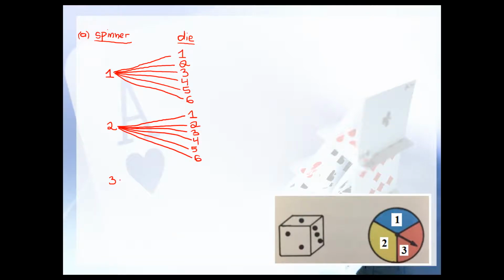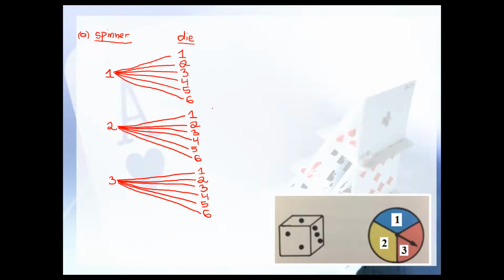And then we could also spin a 3 and roll a 1, spin 3 and roll a 2. These events are called independent because whatever you spin on the spinner doesn't have any effect on what happens on the die. And the final outcome would be spinning 3 and then rolling a 6.